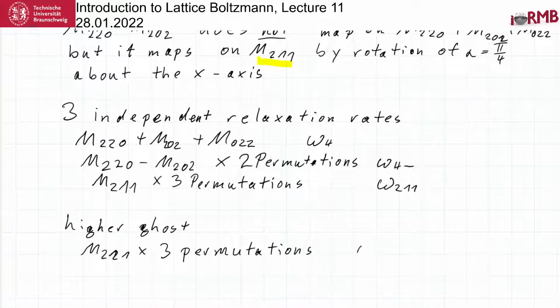So there's nothing to separate, so we get just omega 221, so there's only one rate for them, and there's only one 6th order moment, so this is clear, this can have only one relaxation rate, omega 222.